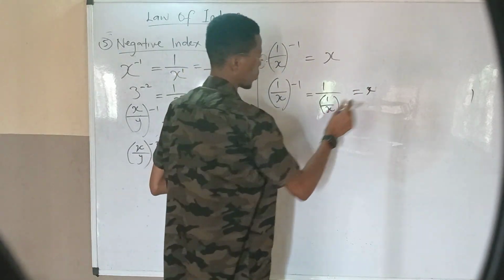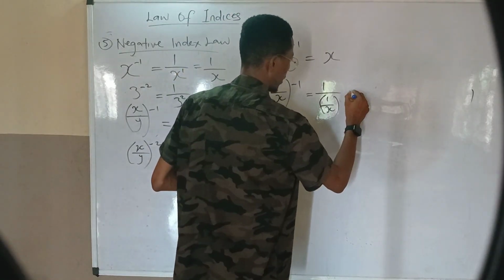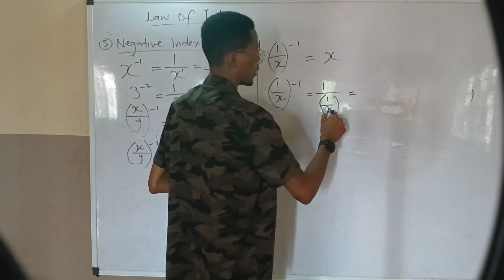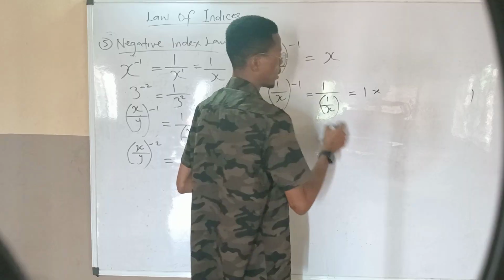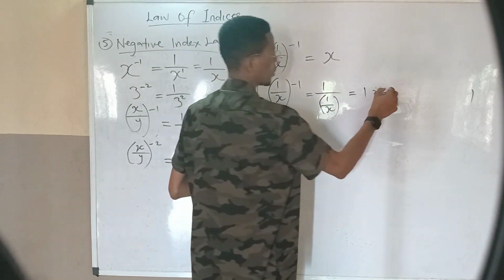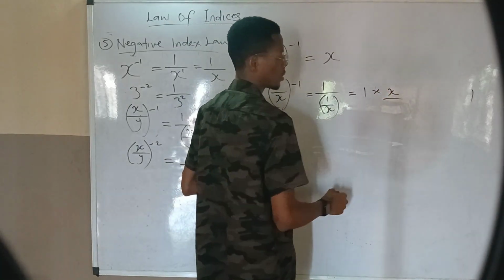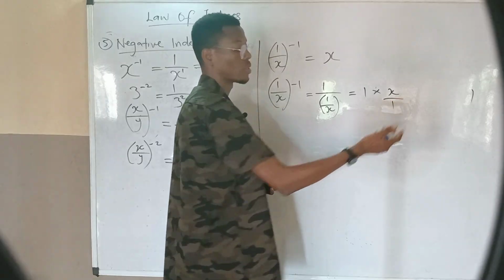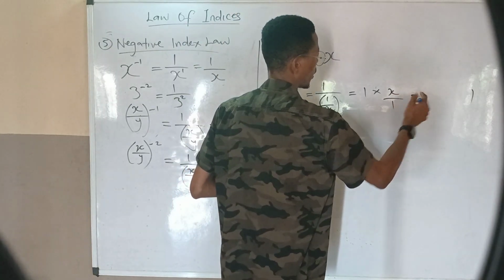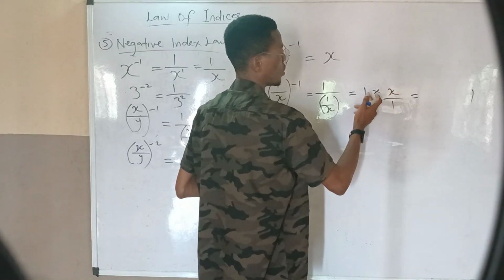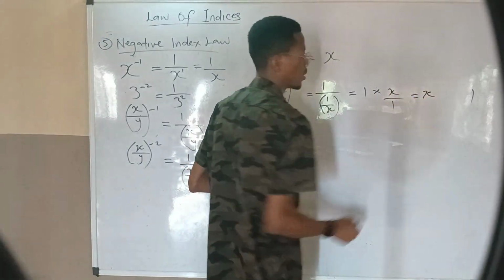How? Let me show you here. We have this 1 multiplied by x, so this x comes up. We have x over 1, and x over 1 is the same thing as x, right? So 1 multiplied by x gives us x.